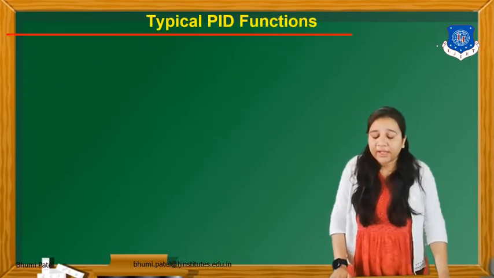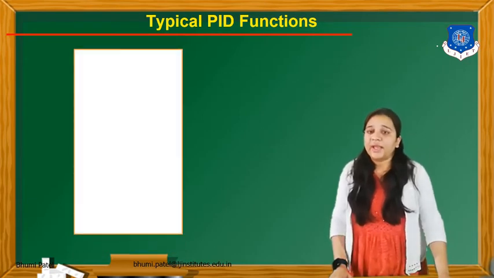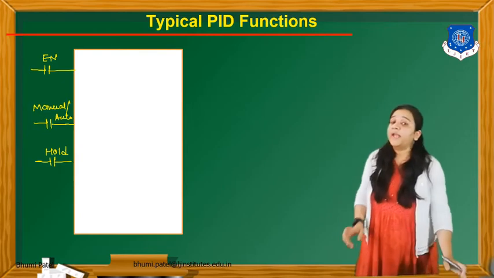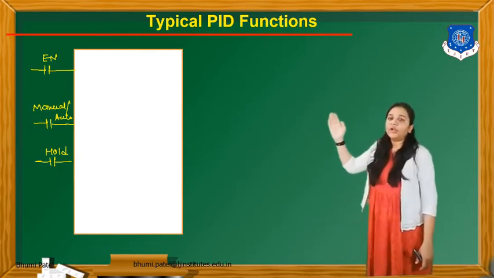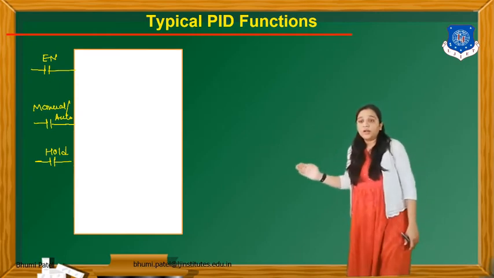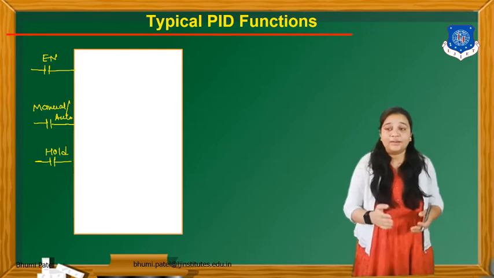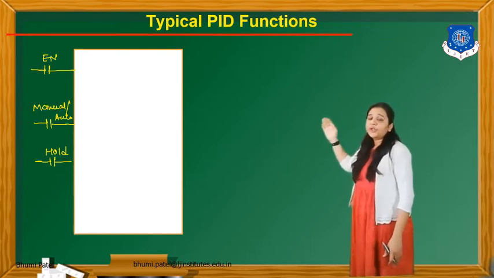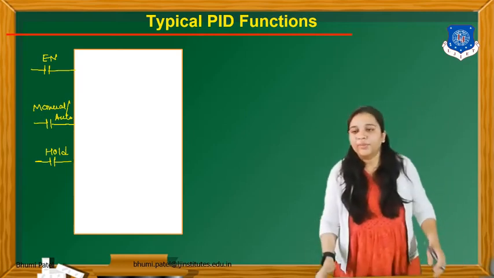Okay, if we take the brief block format of the PID function, generally in the PID function we can apply three inputs. The first one is the enable, then the manual or the auto control, and the third one is the hold. As you remember, we discussed earlier that in some cases we compulsorily use the manual mode, so that time the manual input must be on.